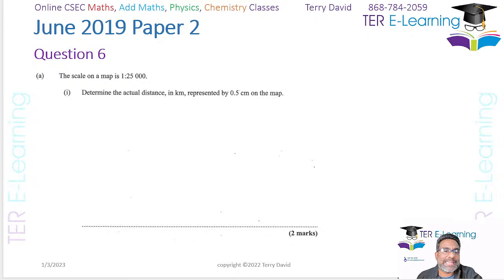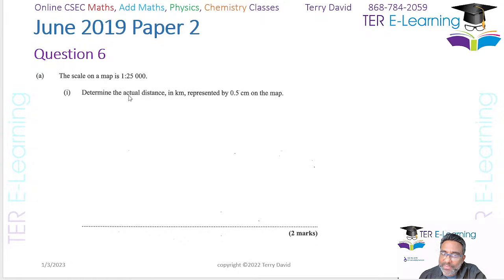Right, so that is question 5. Now question 6 is based on measurement. Some students like these questions, some don't. Now, we have a scale here. We have to understand how to use a scale. Scales are used on maps. In this scale, they are telling us that the scale is 1 to 25,000.